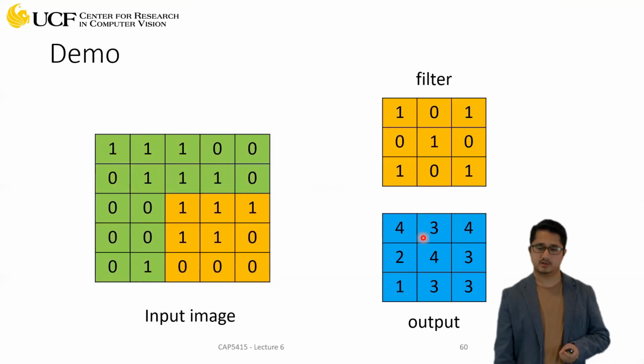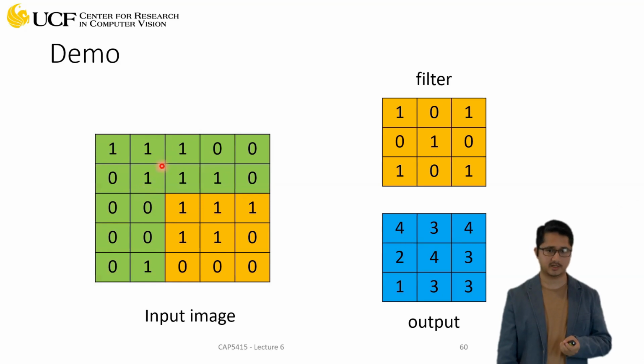Okay, so now if you try to analyze what kind of activation map you got, the highest value was 4, right? And you got that value at 3 different locations. If you analyze what the input image patch was at these locations, it was partially matching with the cross. Not a perfect match, but still some kind of match.